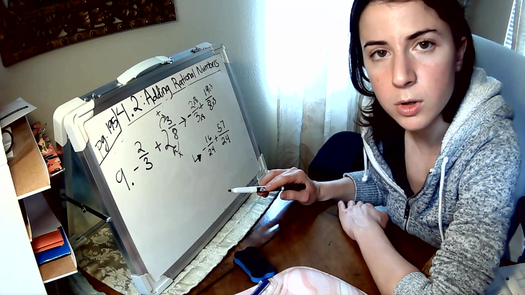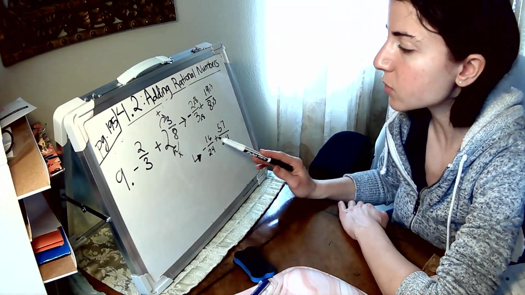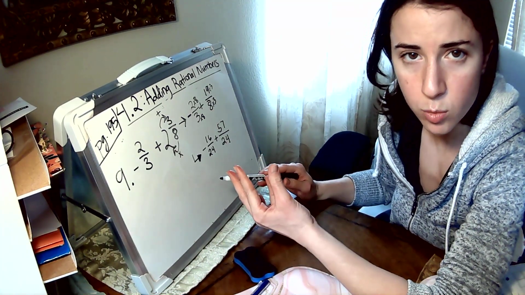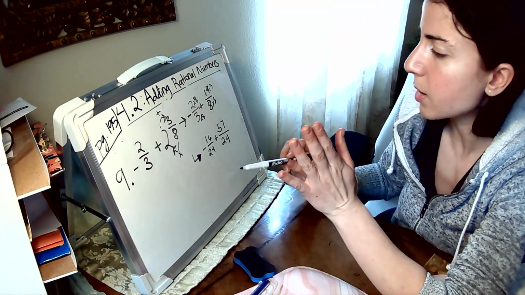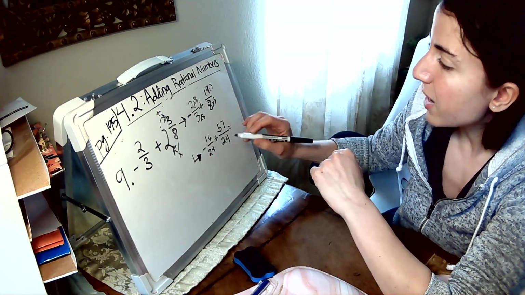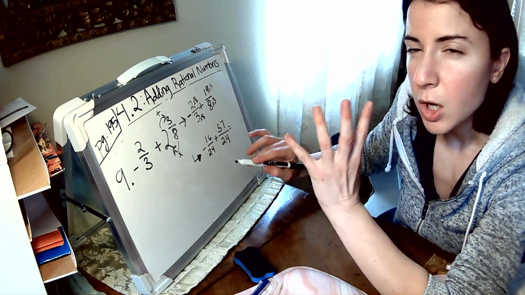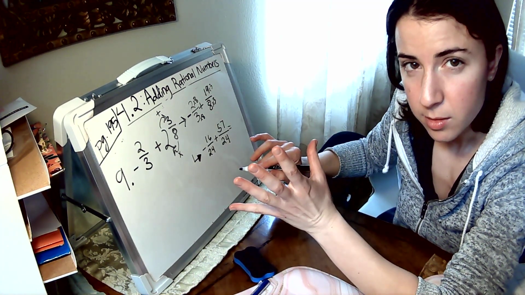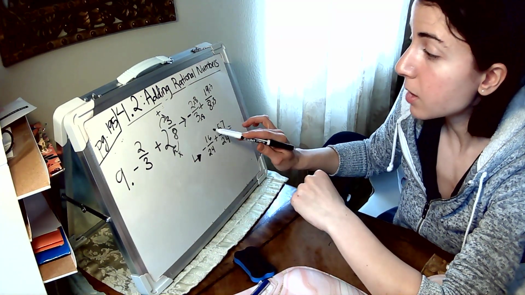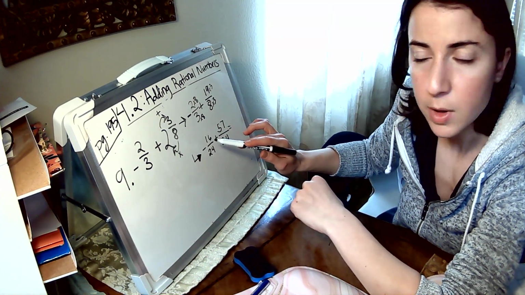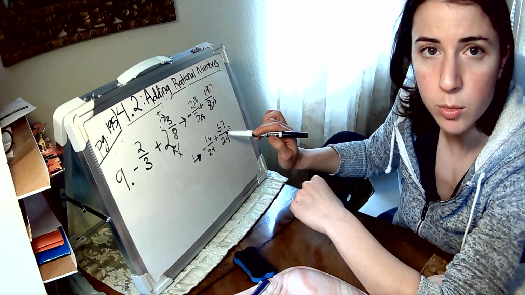Now remember, when we're adding or subtracting fractions, we only want to do so to the numerators, okay? We don't have to touch the denominators. So we have negative 16 plus 57, which is to say 57 minus 16, and you keep the sign of the bigger number.